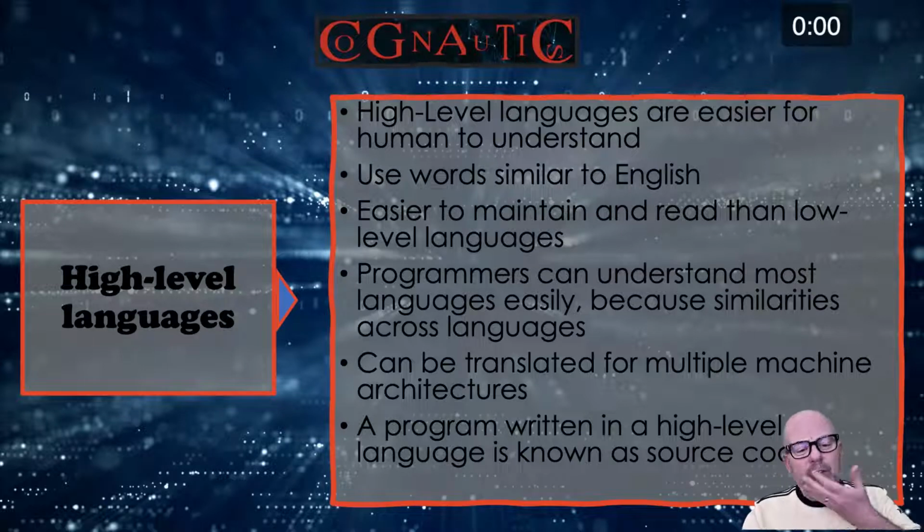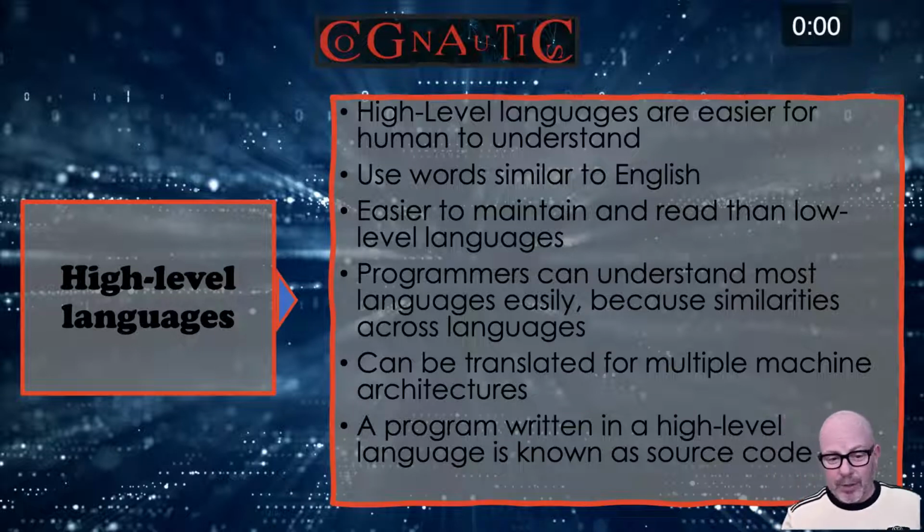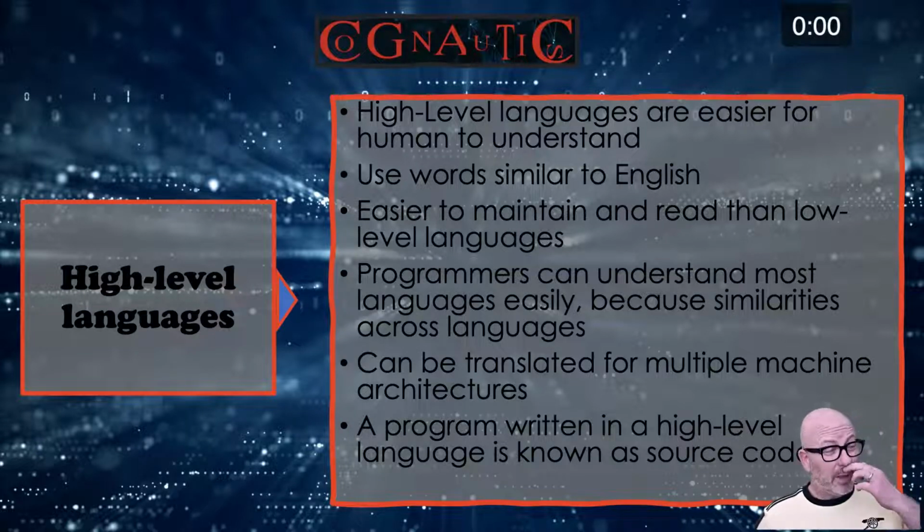So, translated across multiple machine architectures. Now here's a bit of vocab for you. A program written in a high-level language is known as source code. And we've got source code versus machine code. So source code is that which is written in a high-level language like Java, Python, etc. Now on this particular screen here, you've got some advantages of why high-level languages are useful.